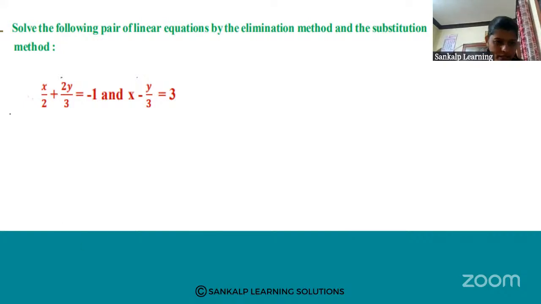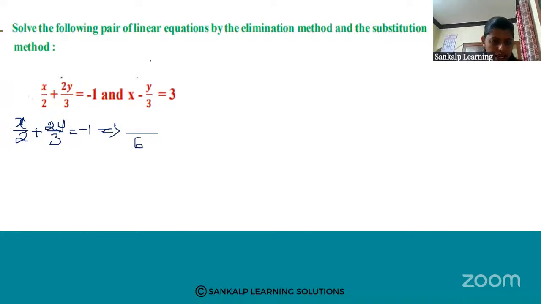The equation is x divided by 2 plus 2y divided by 3 is equal to minus 1. This is equation 1. Here denominator 2 is there, here denominator 3 is there. Therefore, I have to take LCM, that is LCM will be 6.